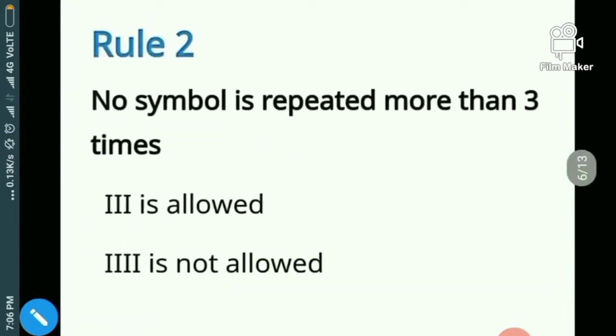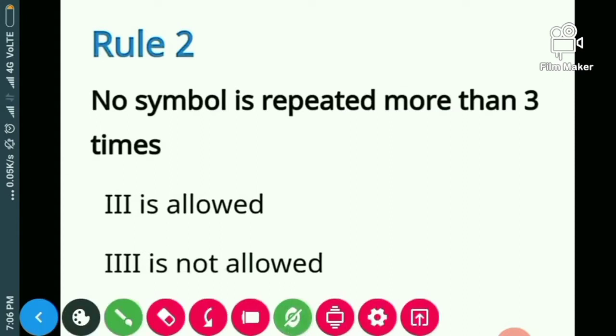Come to rule 2. No symbol is repeated more than 3 times. You cannot repeat any symbol more than 3 times. So here you can see 3 is written, maximum 3 times I repeated here, and if you want to write 4, you cannot repeat I 4 times. Okay, so it is wrong. So then how can you write 4?